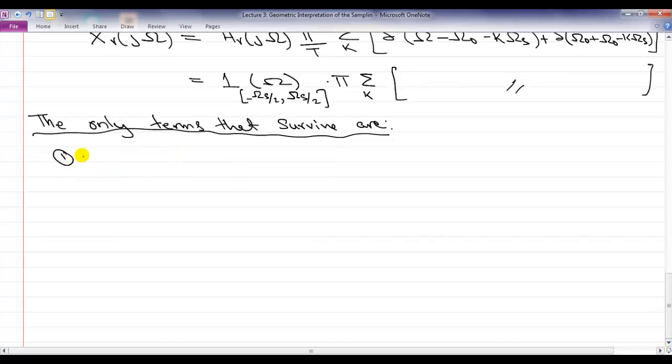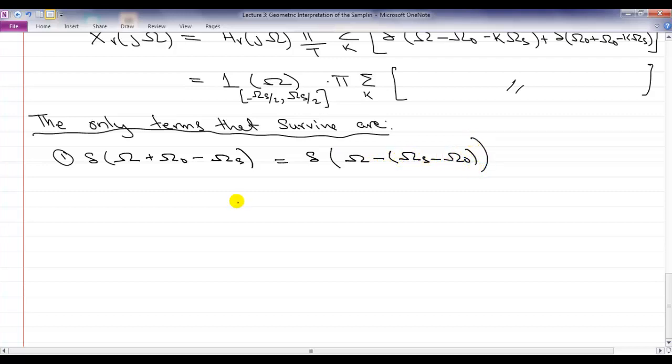Now the only terms that survive are, the first term, δ(ω + ω0 − ωs), which equals δ(ωs − ω0)... I'm just going to write it a little differently. Why? Because we assumed that ωs is greater than ω0, which is greater than ωs by 2.